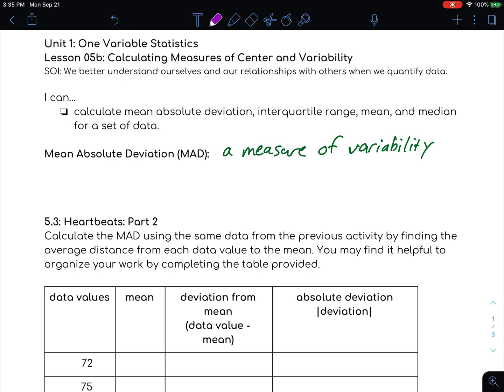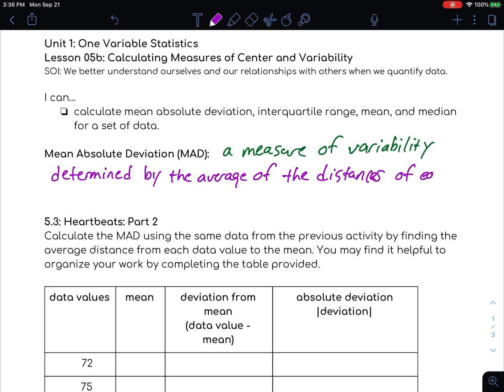And so the MAD is determined by the average of the distances of each data point from the overall mean.